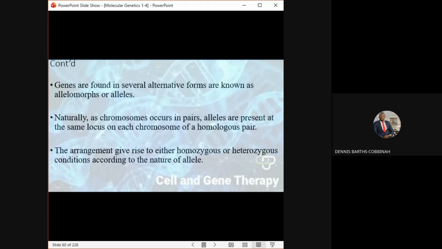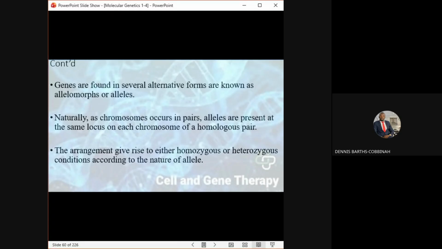Let me take that again. So you have the X chromosome, which is longer as compared to the Y chromosome. Now you have alleles at various loci on the X chromosome, and you have that on the Y chromosome.